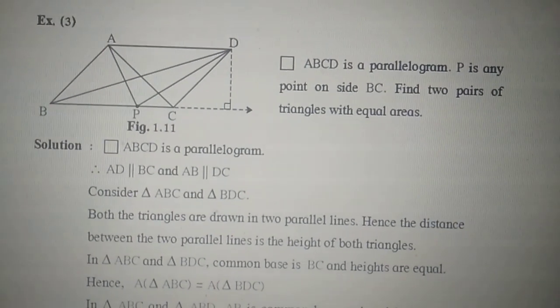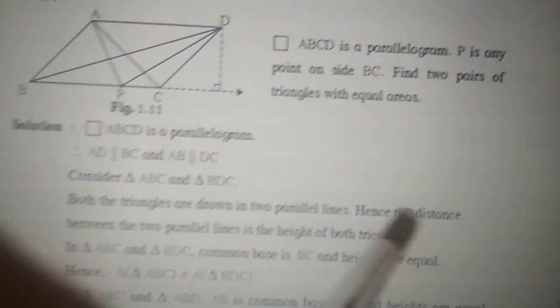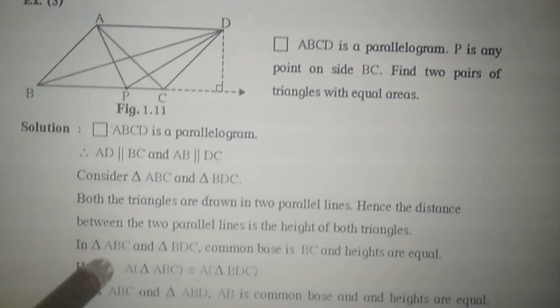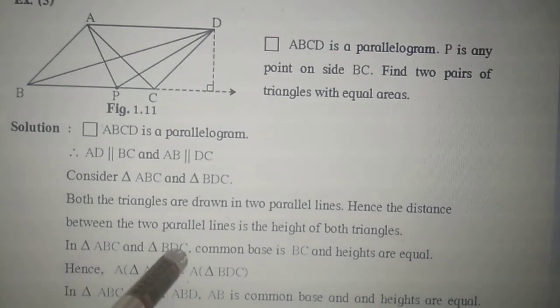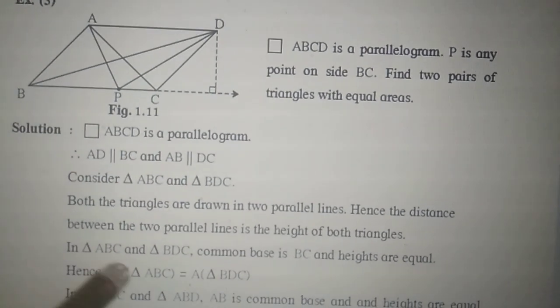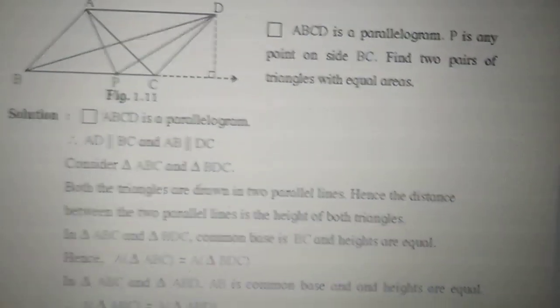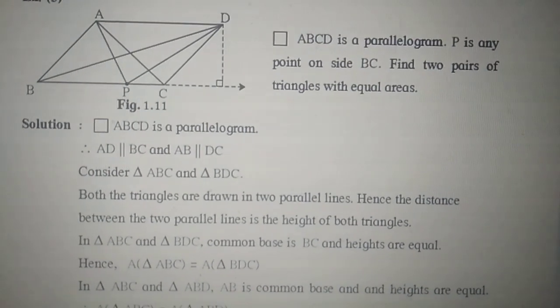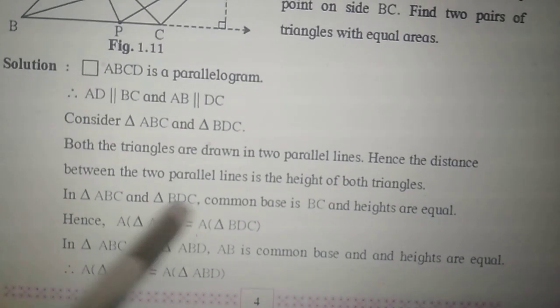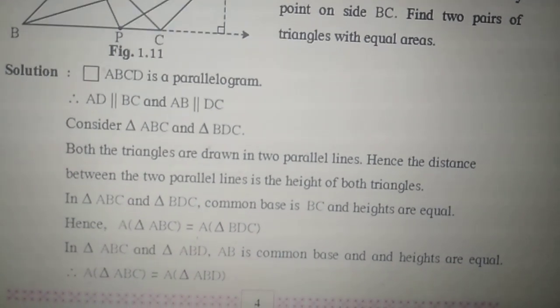Both triangles are drawn between parallel lines, hence the distance between the two parallel lines is the height of both triangles. In triangles ABC and BDC, common base is BC. Heights are equal. When base is common and height is equal, then the area is also equal. Therefore, area of triangle ABC equals area of triangle BDC.